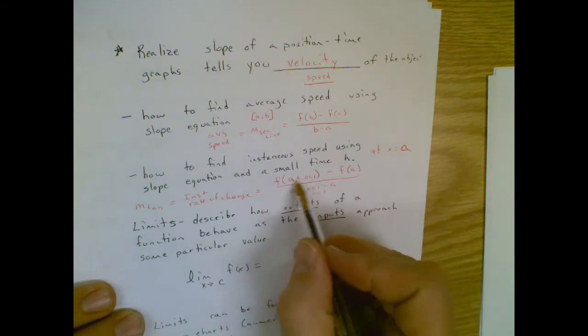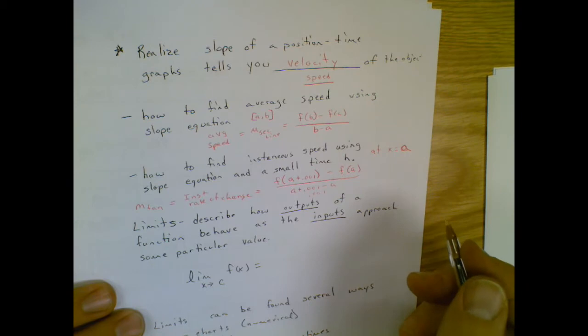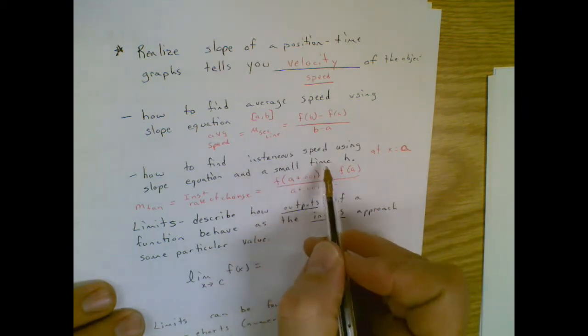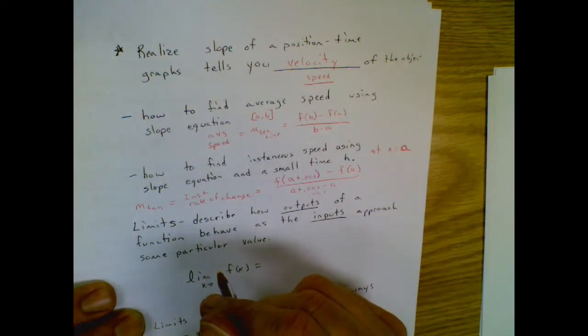That's why it's really important when you have a big strung out decimal here to keep all of it. Later we'll find out at some small time h how to deal with that.